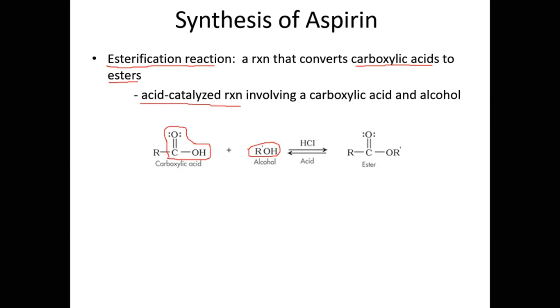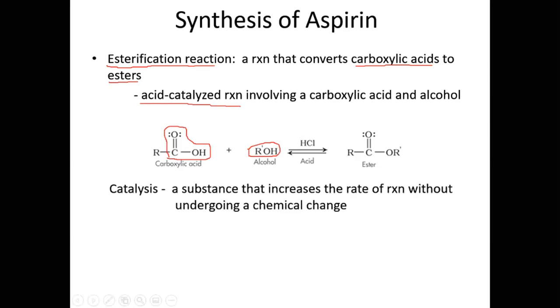So what this means is a catalyst is used to speed up the reaction, because if you don't use the catalyst, it may take a long time for the reaction to occur. So we use an acid catalyzed reaction. From the equation, the way we know this is an acid catalyzed reaction is because HCl is written here, which means this reaction is done in an acidic environment. And then we produce our ester, which has a C double bond OR group. So we go from an acid to an ester.